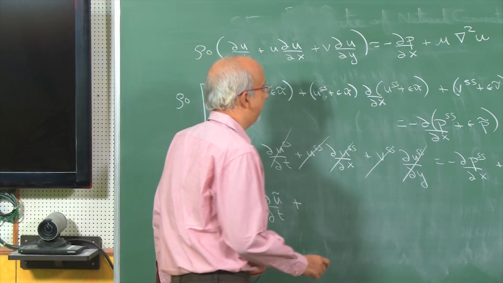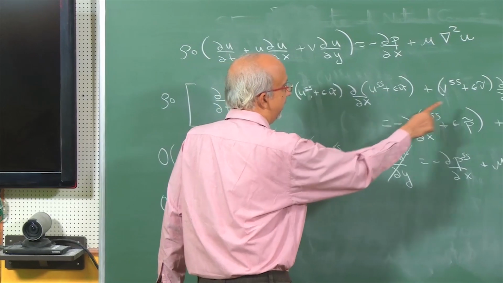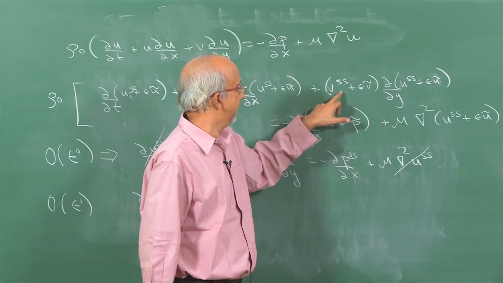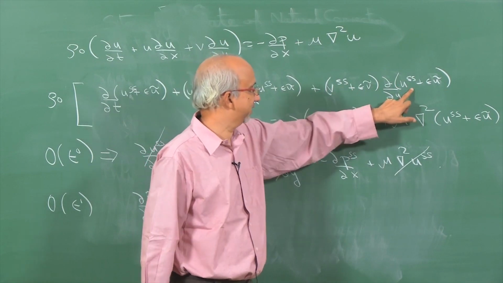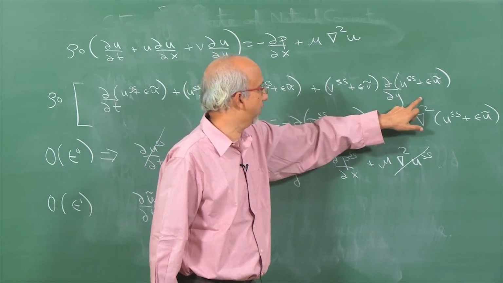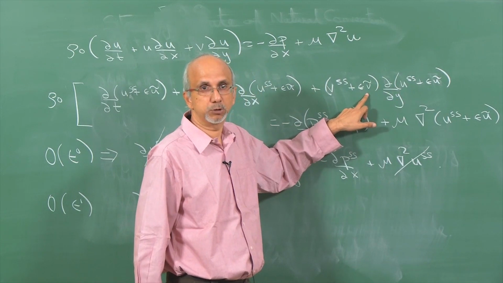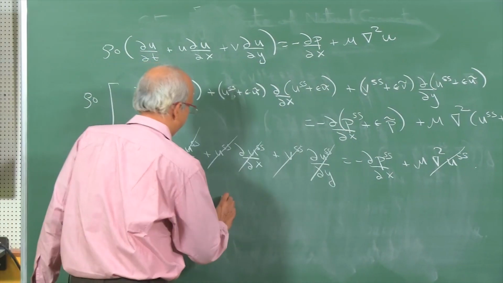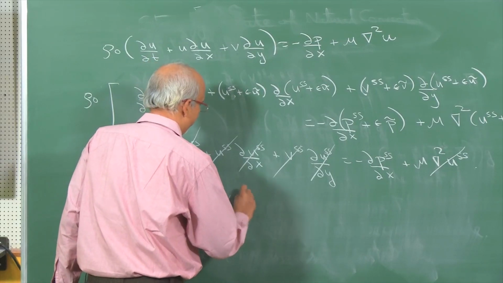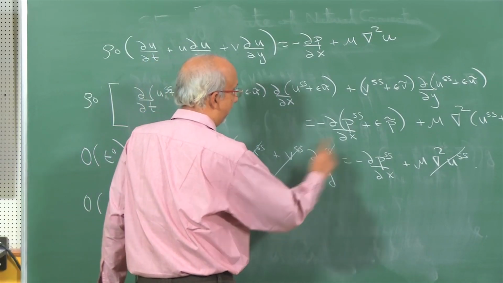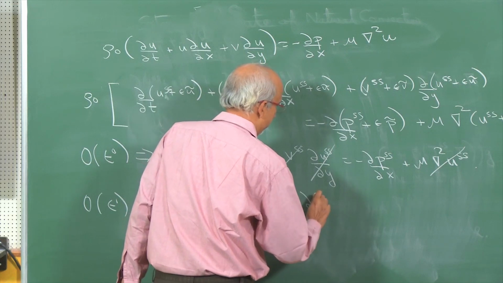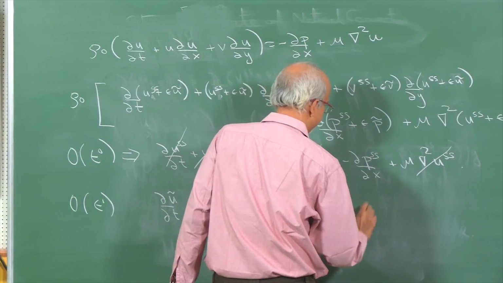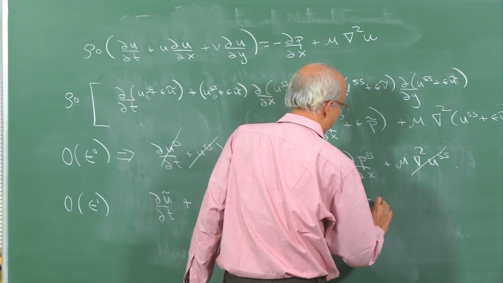So, we do not need to worry about this term here. Similarly, here we do not need to worry about any term because v_ss is 0, u_ss is 0, and when I multiply these two out I get a term of order epsilon squared. So, these are higher order terms and I do not worry about this. What I am left with is minus dp tilde by dx plus mu times del squared u tilde.